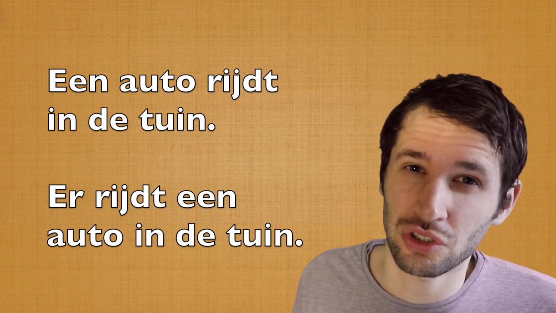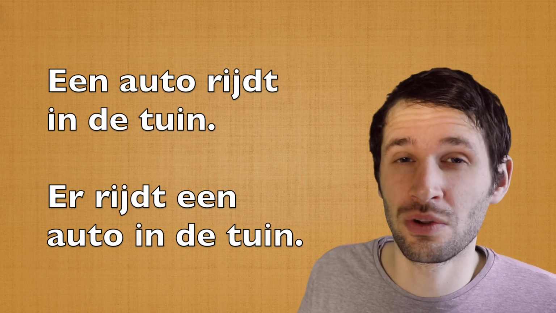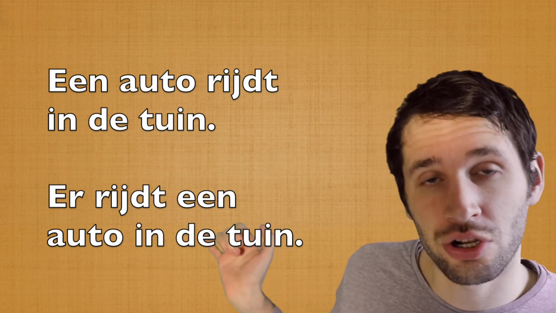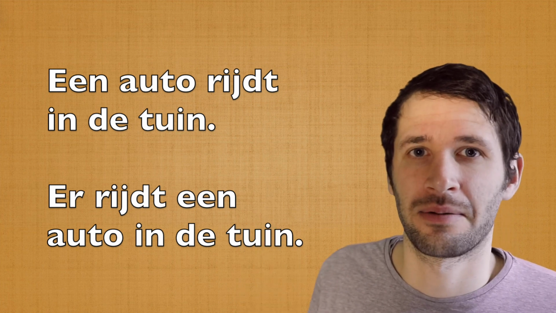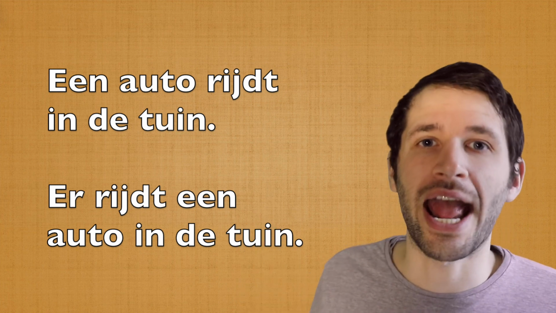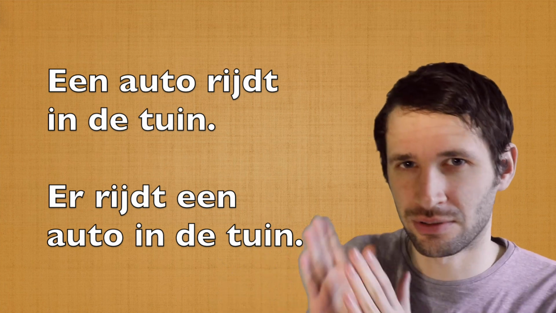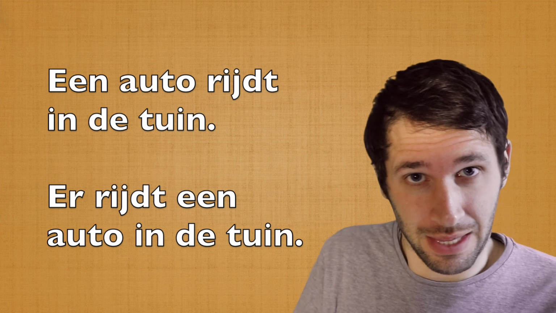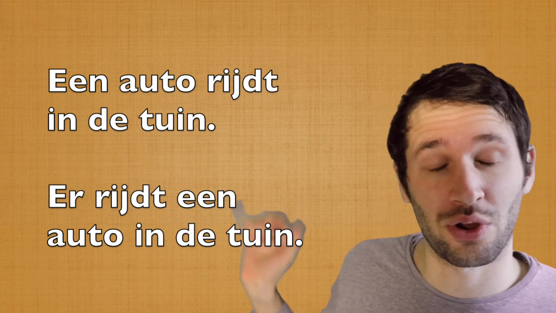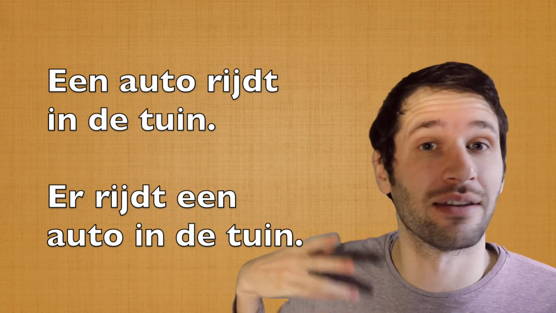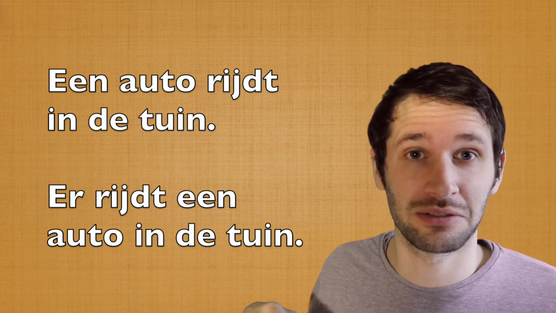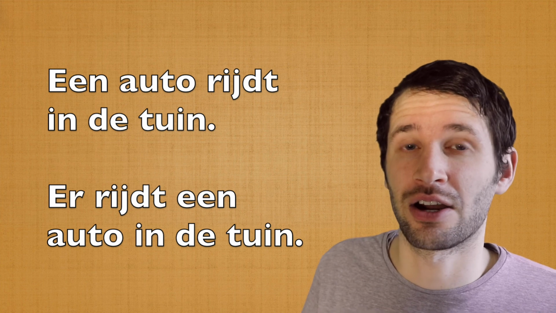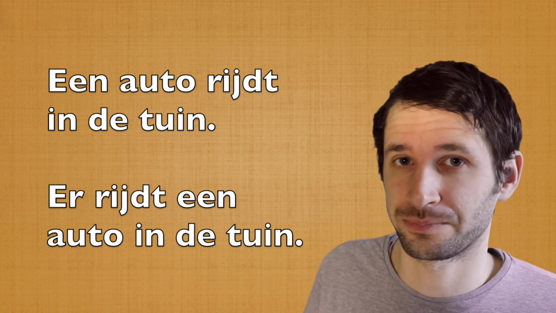And this construction, you will usually use them with indefinite articles. There's a car driving in the garden. So a is an indefinite article because you're not saying that car. So if you have one of those nouns with an indefinite article, then you can just use an and that is something that is very common in Dutch.